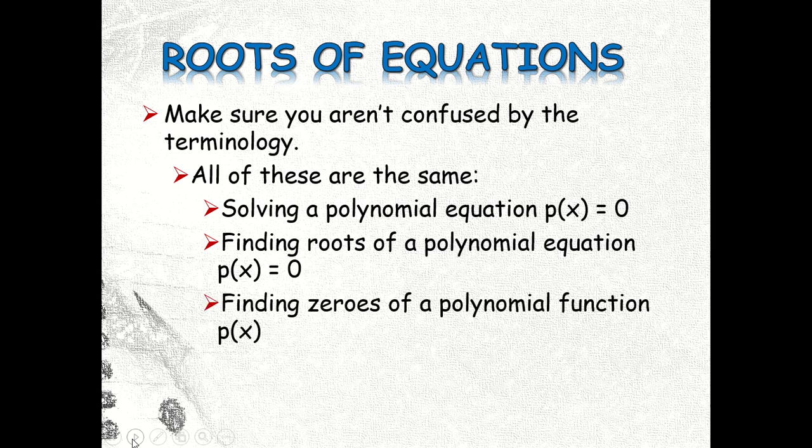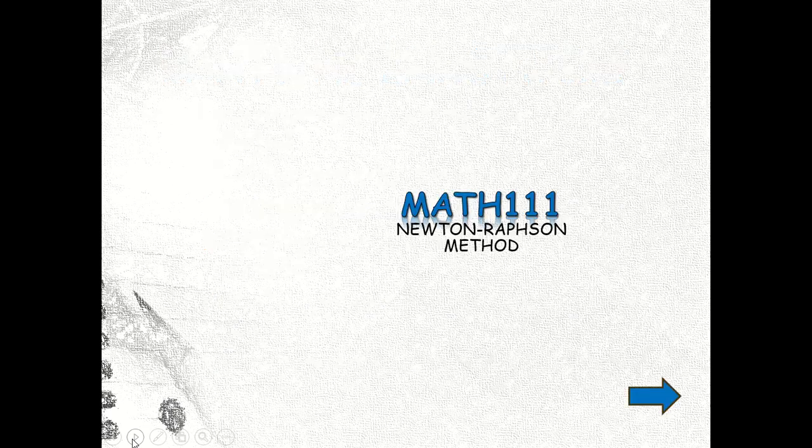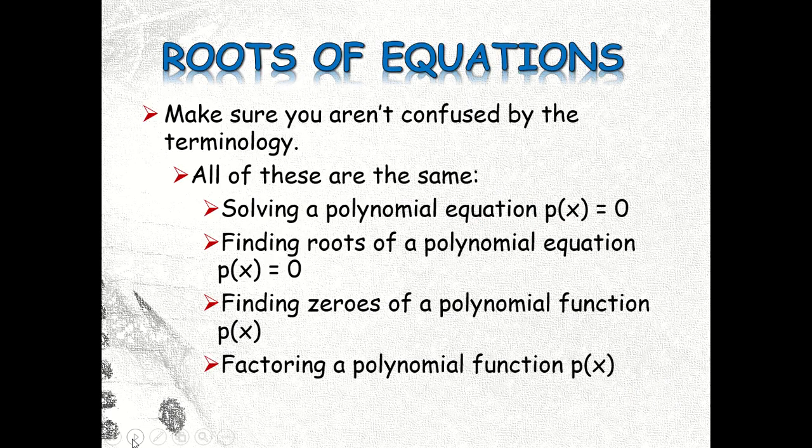It is also the same as finding zeros of a polynomial function p of x, or factoring a polynomial function p of x. So these are just the same thing. Don't be confused by this terminology. If you read any of this, they mean the same thing. Okay, so you have to take note of this.